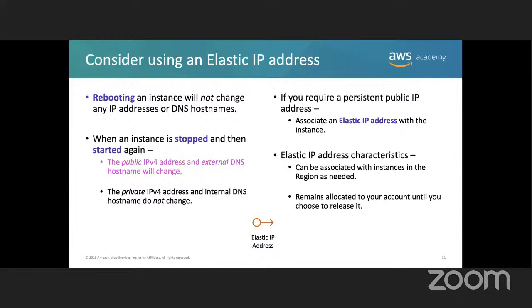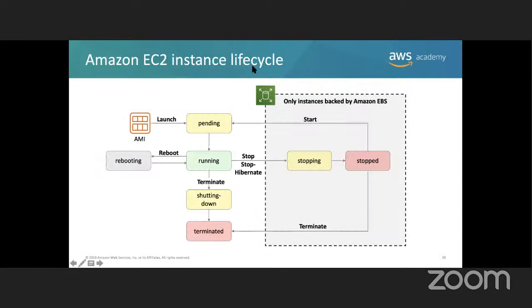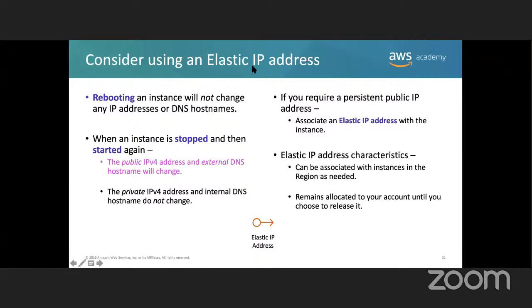But what if people try to use your IP address? If you stop the instance, you're going to have a new one, so it's going to be hard to find you through the IP address. What guarantees that people will always use the same IP address is using an elastic IP. An elastic IP is a static IP address that you can associate with a running instance, and it will stay there forever. If you stop it, it stays there. If you reboot it, it will stay there, okay?